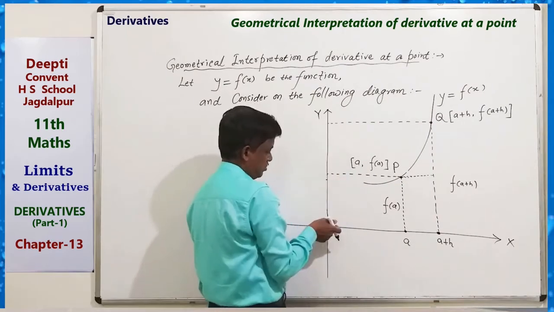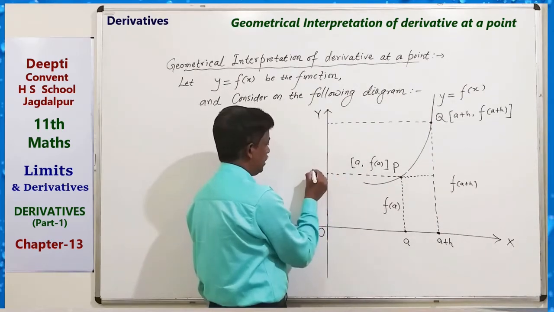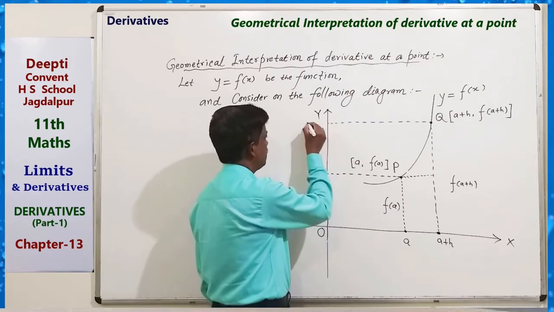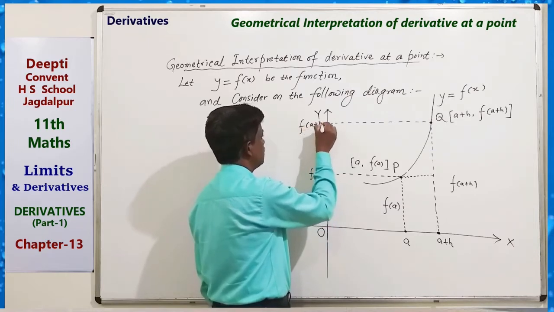This value is what? Here f(A). This value is f(A plus h).